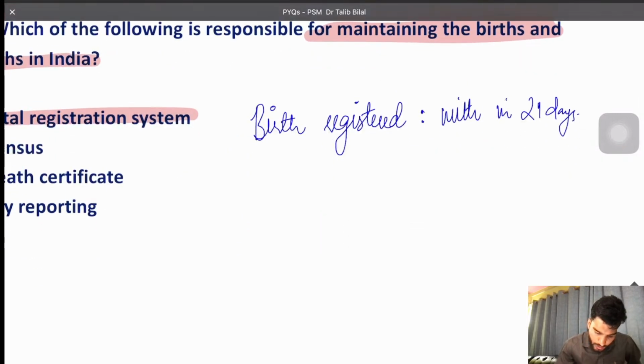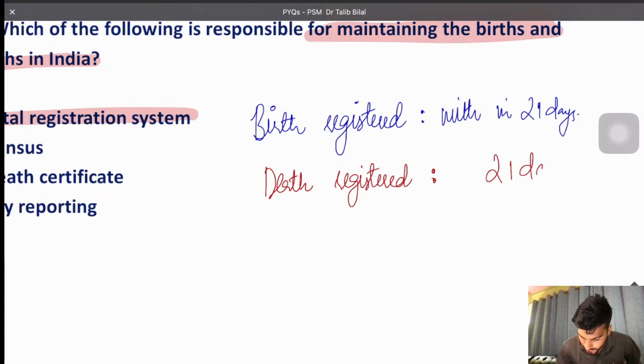Death is also registered within 21 days. And if it is an NRI, then within 60 days of arrival.